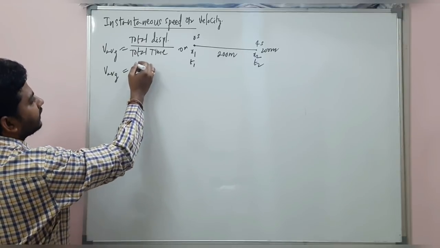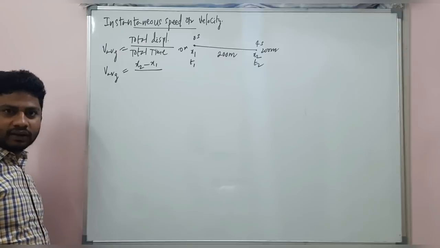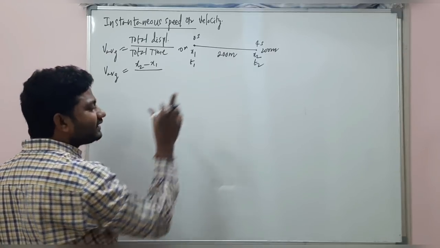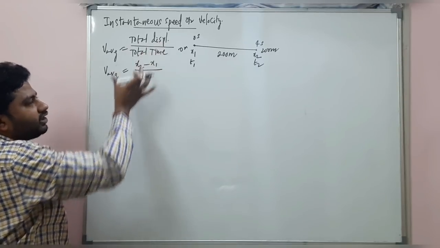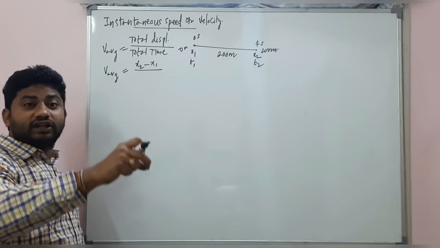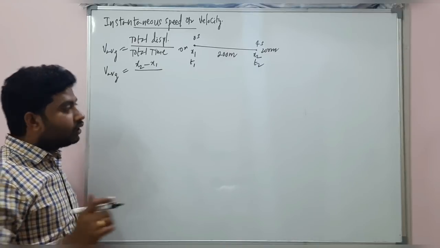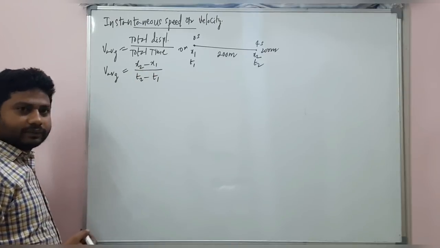So I can write x2 minus x1 divided by the total time taken. The total time taken is the time interval between the initial point and the final point. Total displacement is the position interval between the initial point and the final point. So the total time I could write as t2 minus t1.